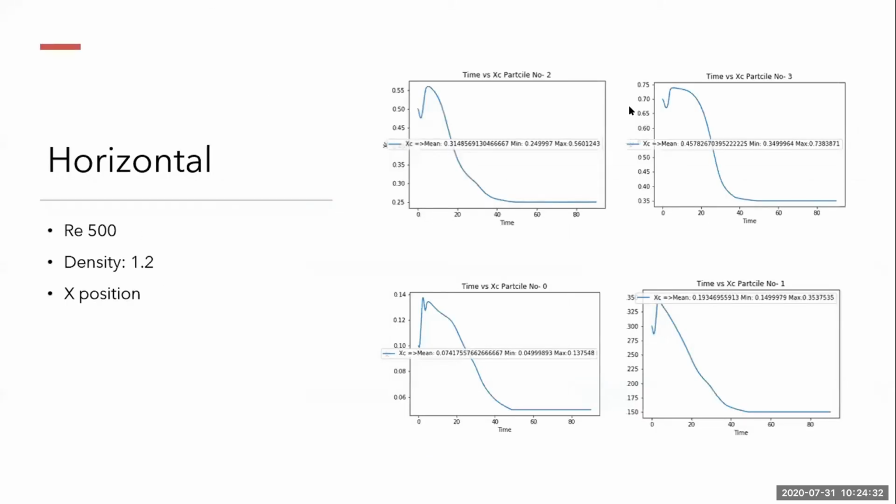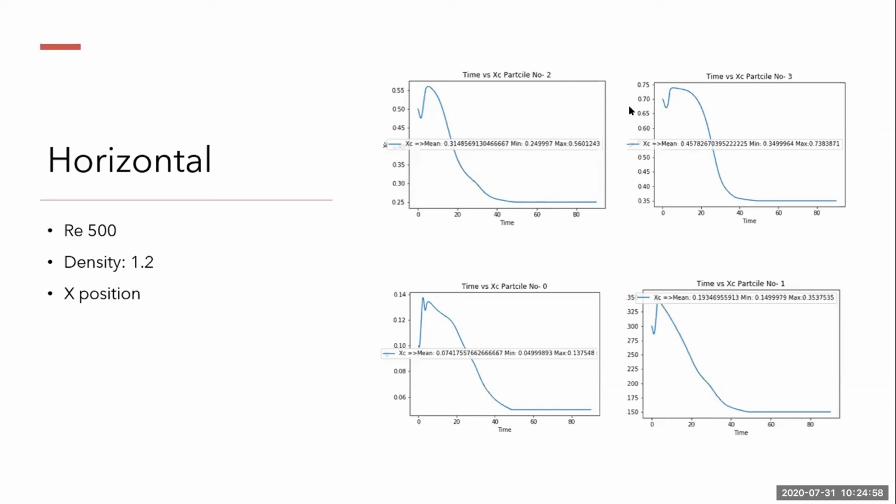After I completed the simulation, I was able to generate many graphics using a Python script written by Dr. Kumar. The graphics you see on the screen are position versus time of a case with a 500 Reynolds number and a solid density of 1.2.